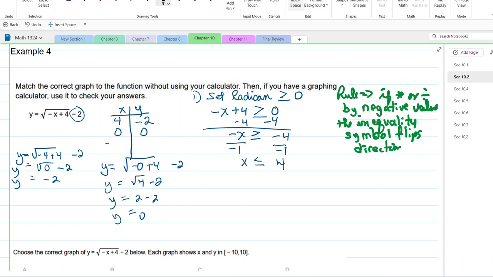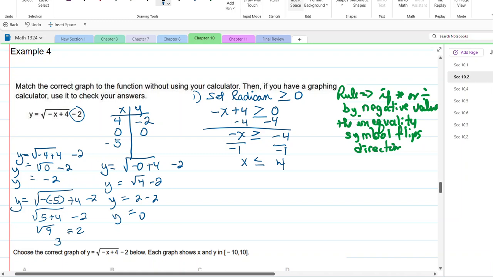I need a 9. So a negative 5. So y equals the square root of negative negative 5 plus 4 minus 2. Well, this is going to be 5 plus 4 minus 2. The square root of 9 minus 2, 3 minus 2 is 1.